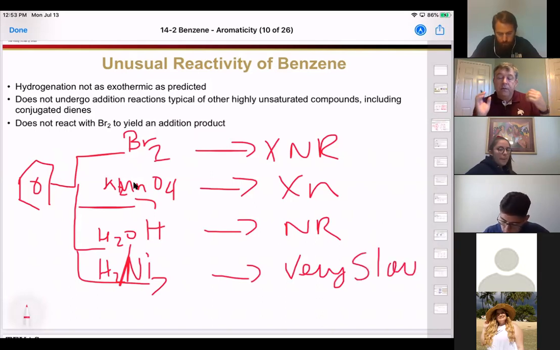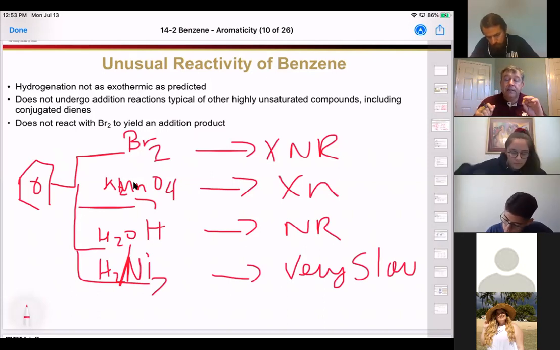Okay, so the fact that these reactions don't work the exact same way means that there is something else happening here.